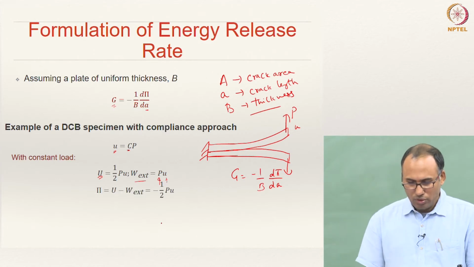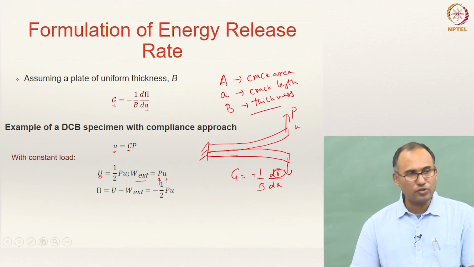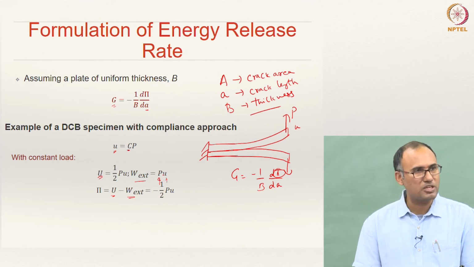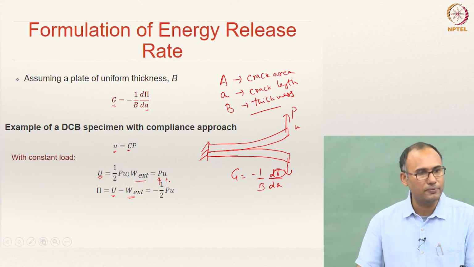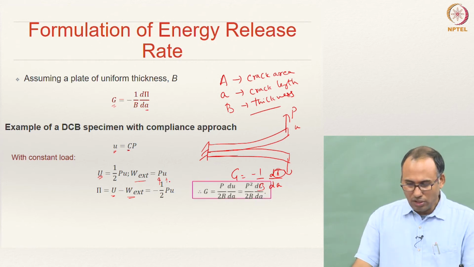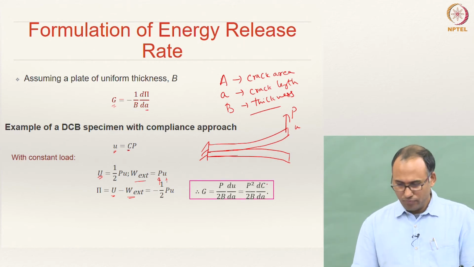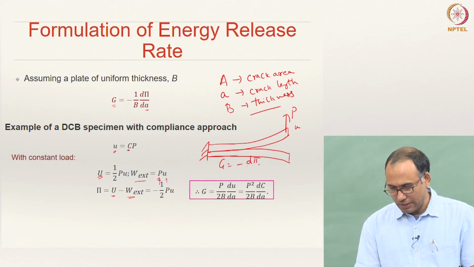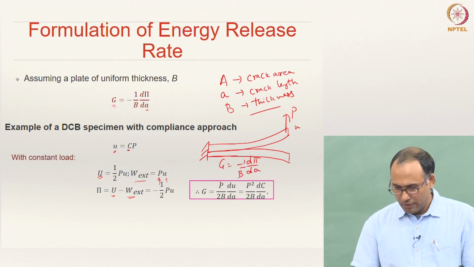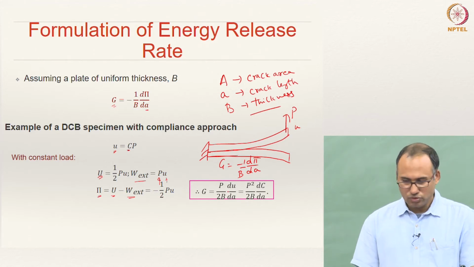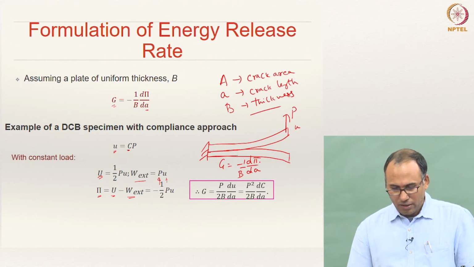Now I need to find out what Π is, that is, the potential energy: strain energy minus external work. The strain energy is half P times U, minus external work, minus PU, so that will be negative of half PU. So G is minus 1 over B dΠ/dA, and wherever Π is there I write minus half PU.